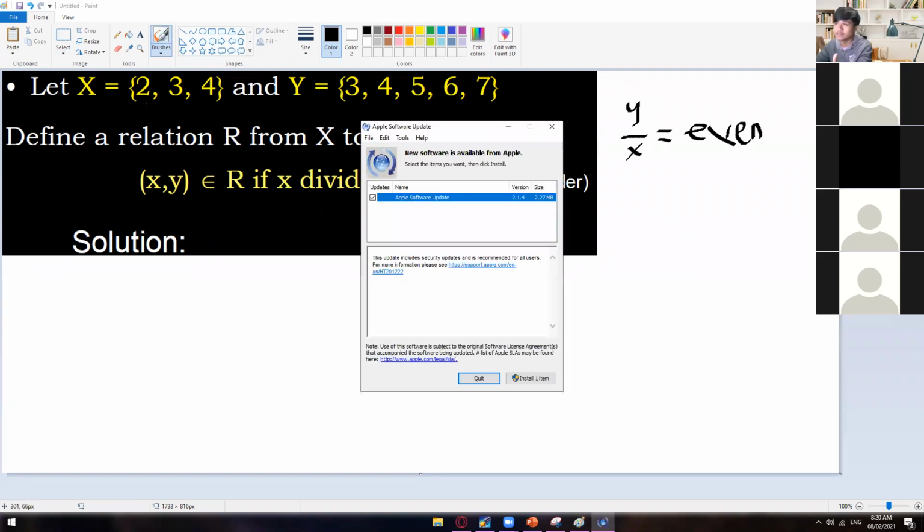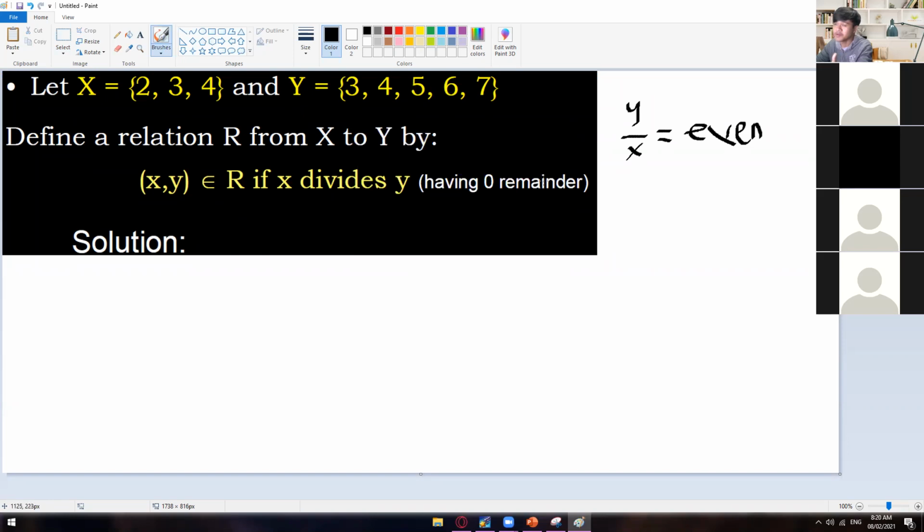Are we going to have a remainder if it's 3 divided by 2? Yes, sir, there is. So 3 divided by 2 is not included in our relation anymore. How about 3 divided by 3? Yes, sir, that's possible. Since we don't have a remainder in that one, and we have an even result, which is 1, we can list that one as our first relation.